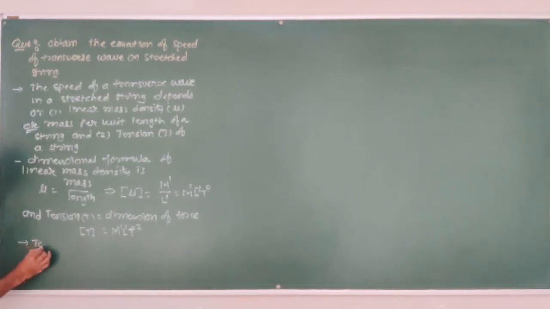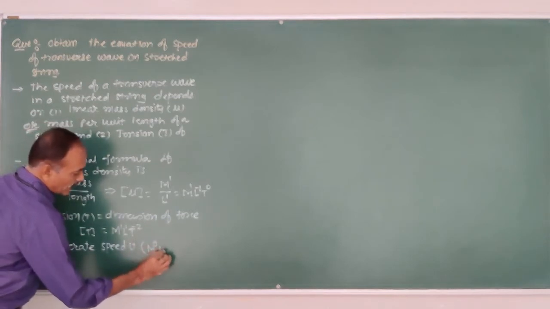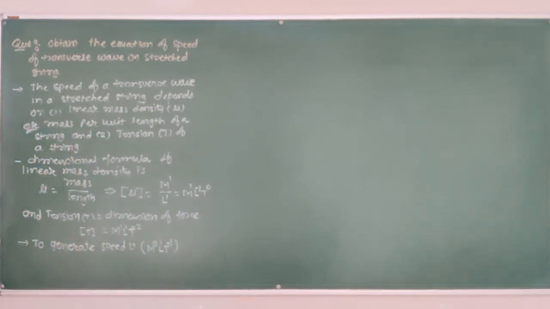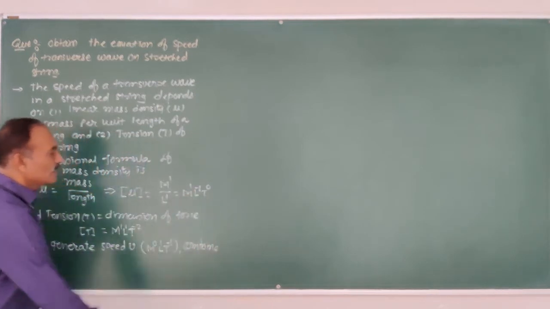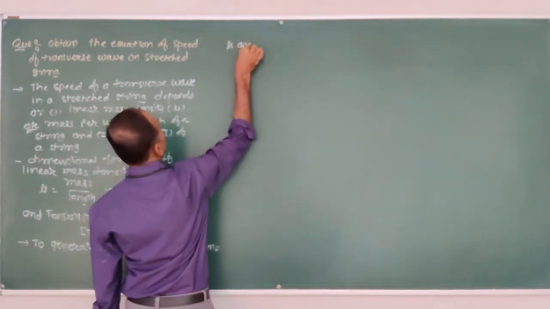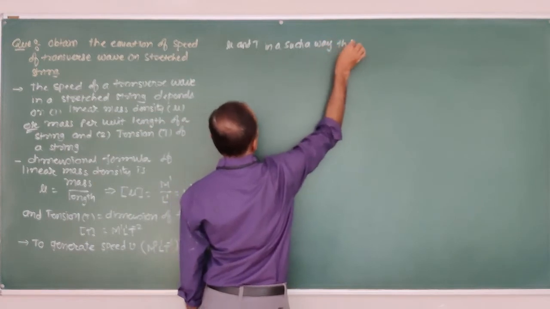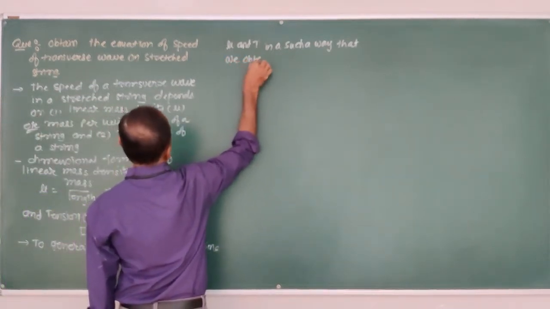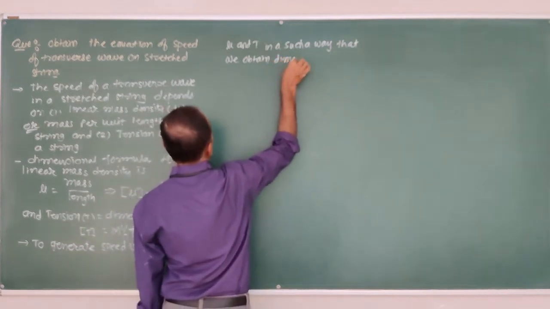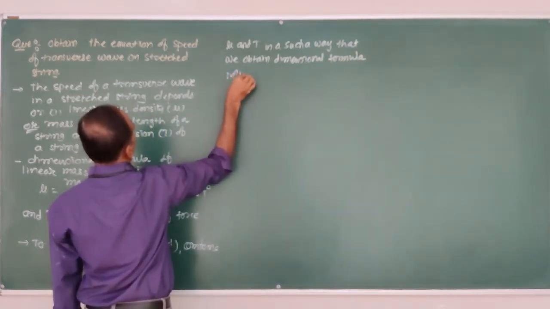Okay, now to generate the speed v, that means the dimensional formula M^0 L^1 T^-1, combine mu and T in such a way that we obtain the dimensional formula M^0 L^1 T^-1.